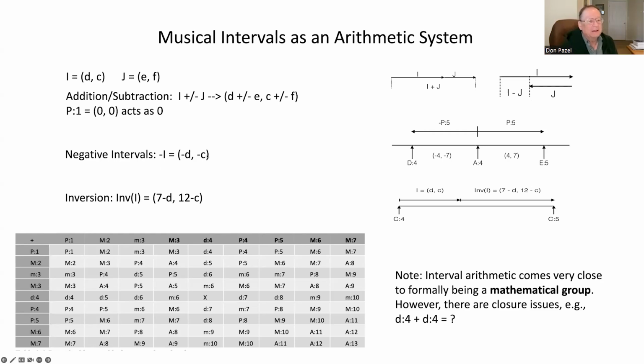You can make negative intervals, which is basically changing your direction on looking at what the two tones are that you're comparing. And all of a sudden you come up with an arithmetic. Well, it's almost formally a mathematical group, almost. It doesn't fully work because it's basically a closure issue.